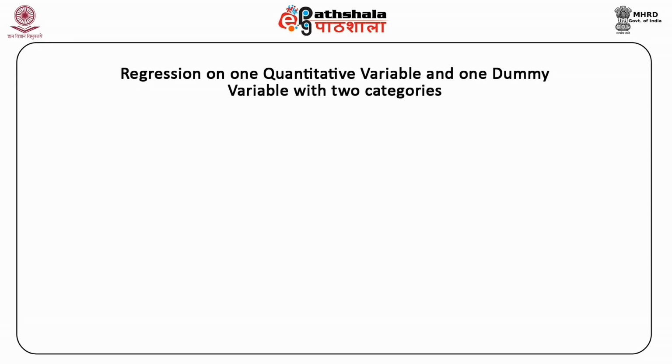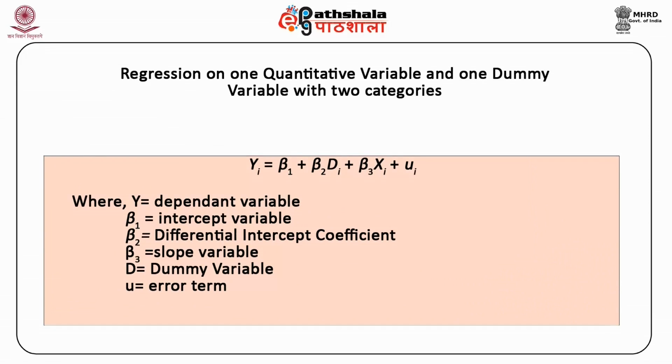Consider the following model. Yi is equal to beta 1 plus beta 2 Di plus beta 3 Xi plus mu i, where Y is the dependent variable, beta 1 is the intercept, beta 2 is the differential intercept coefficient, beta 3 is the slope coefficient, D is the dummy variable, and mu is the error term.